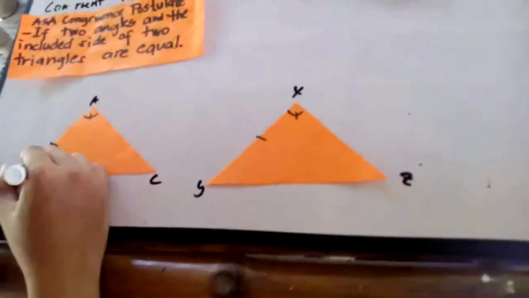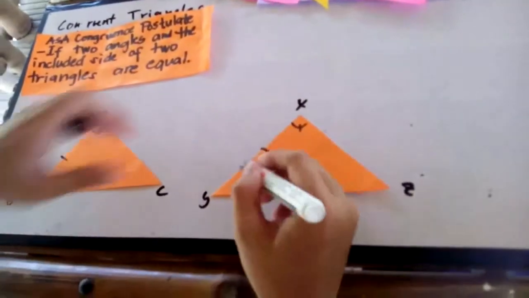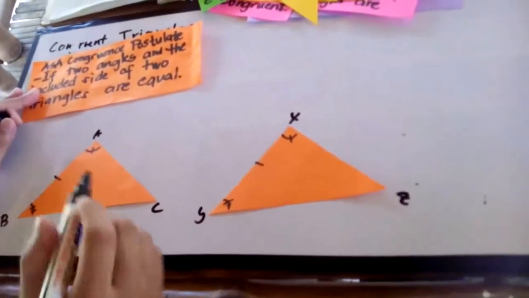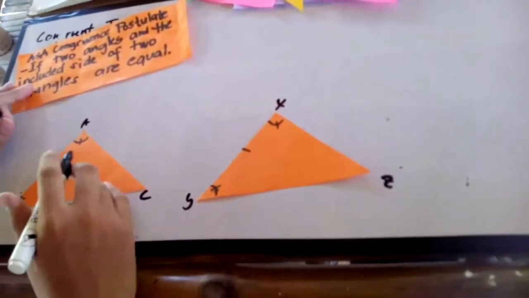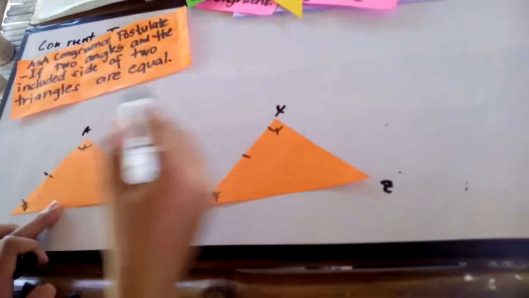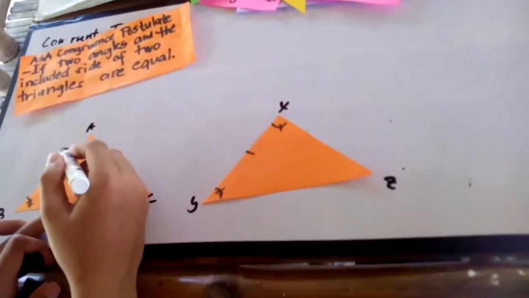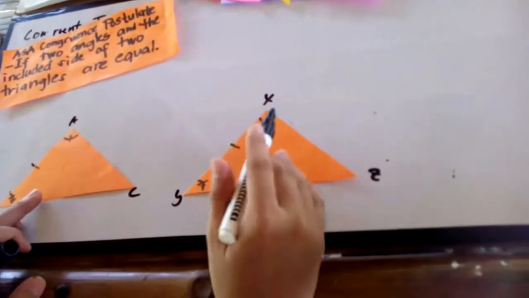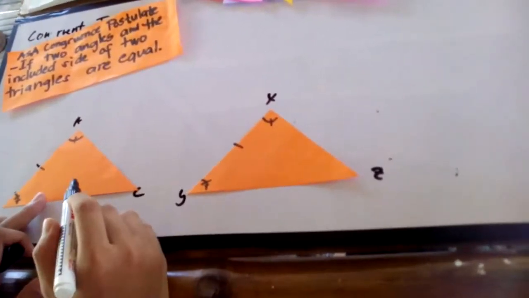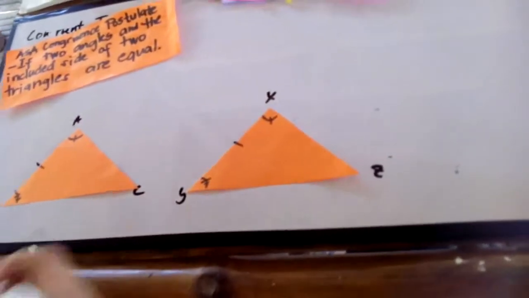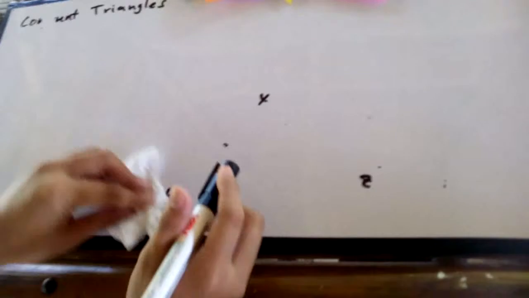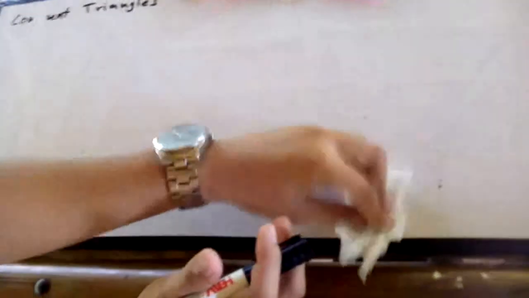And another angle, angle B, is congruent to angle Y. By the definition of ASA, the angle side angle congruence postulate, two angles and the included side are equal. Therefore, we can say that these triangles are congruent. Okay? So now I have a practice to give to show that you have learned something.